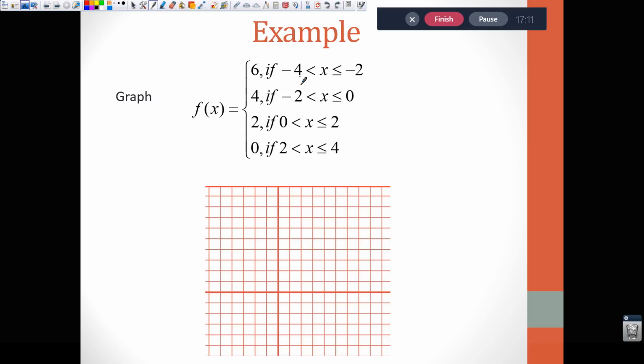So at -4, my x value is at -4, my y value is at 6. So -4, 1, 2, 3, 4, 5, 6. And that is an open circle. Okay, then if we're at -2, we're at 6, and that is a closed circle.